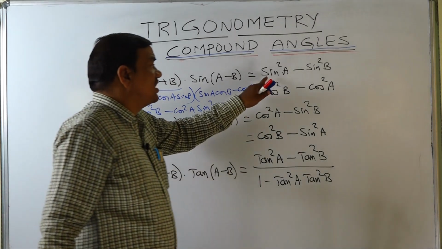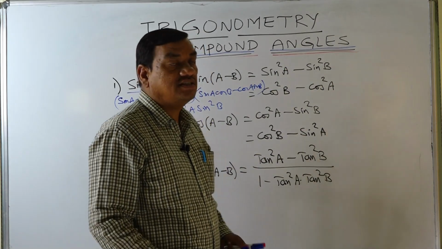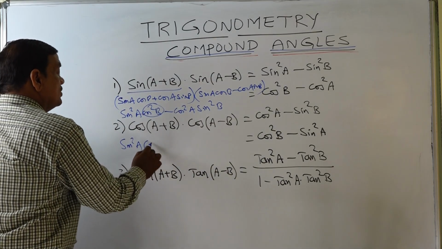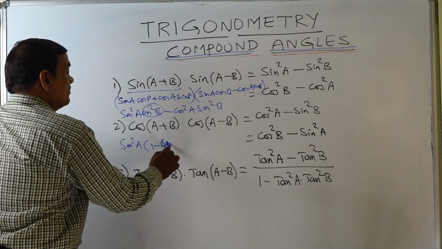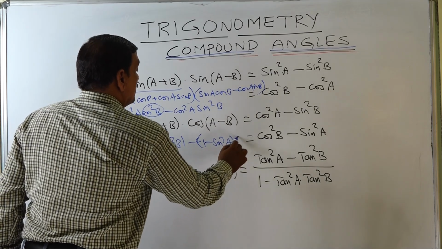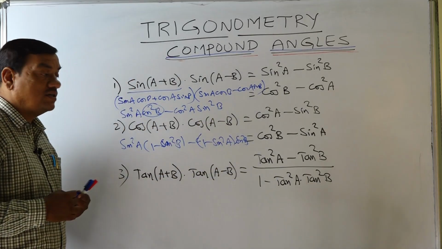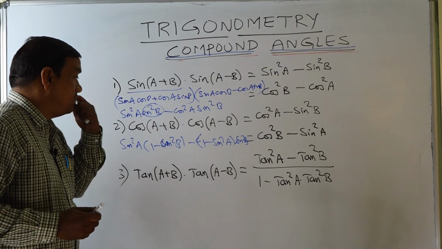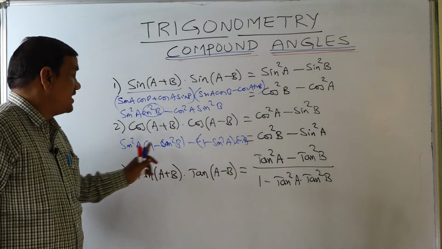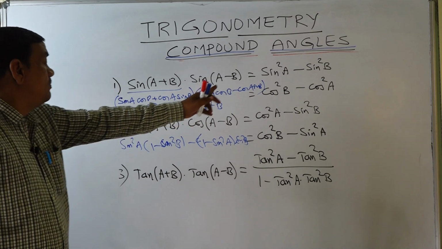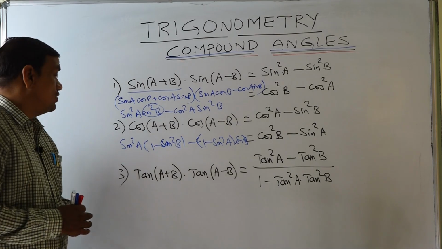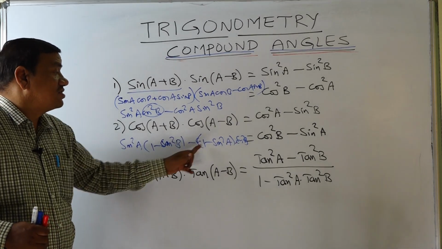Now, if you want to convert entirely into sines, wherever cos square B is there, put 1 minus sin square B, and in place of cos square A, put 1 minus sin square A. So you expand it: sin square A minus sin square A sin square B, minus sin square B plus sin square A sin square B. The sin square A sin square B terms get cancelled, and sin square A minus sin square B will remain.